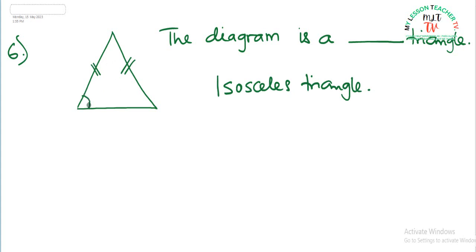And once 2 sides of a triangle are equal, the base angles are also equal. That is, this angle is said to be theta. While a triangle with all 3 sides being equal, represented this way, is said to be an equilateral triangle. And when you have a triangle with no side being equal, it is said to be a scalene triangle.